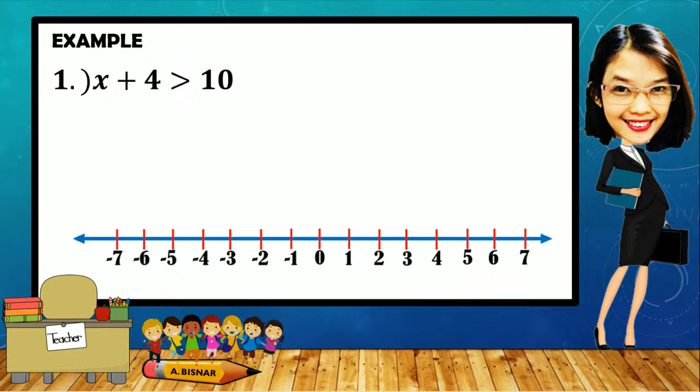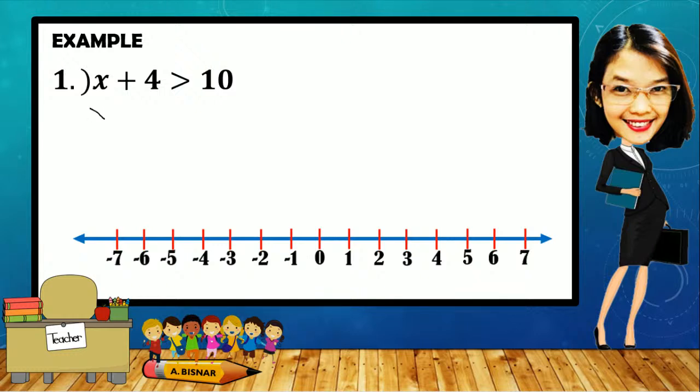Since we have x plus 4 is greater than 10, we still need to solve the value of x or the possible values of x. So we will use the properties of inequality. So, kailangan pagsamahin natin yung constant term. At kailangan mawala si constant sa left side. Paano natin gagawin yun? Since this is plus 4, then we have to subtract 4.